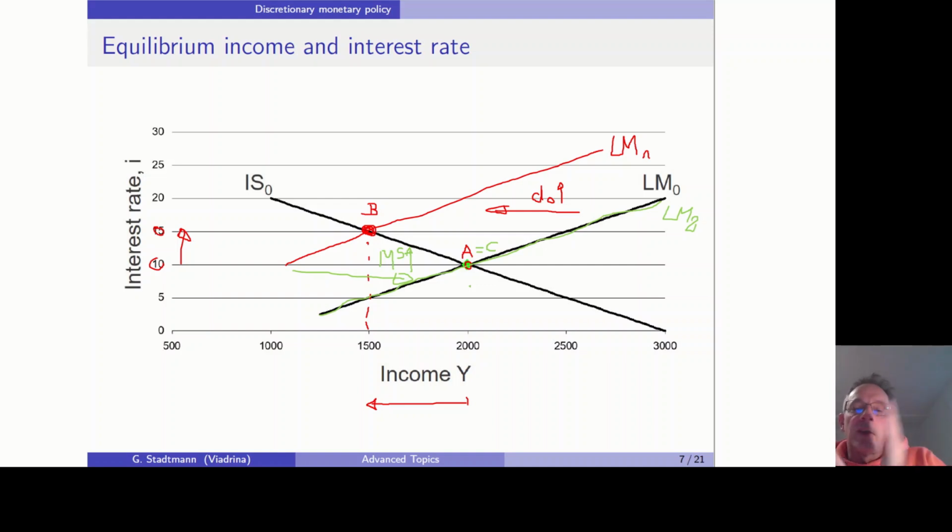So in case that the central bank does not react, in case that the central bank does not make a decision, then we would stay in point B forever. But the central bank can make this decision and the economy will get out of recession.